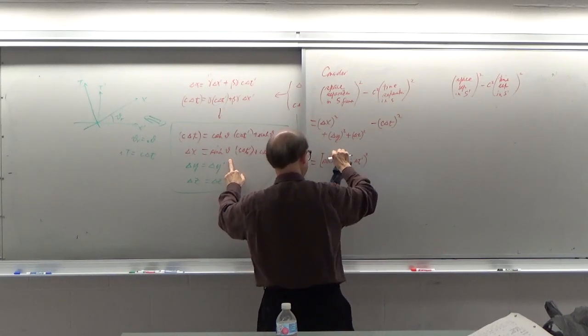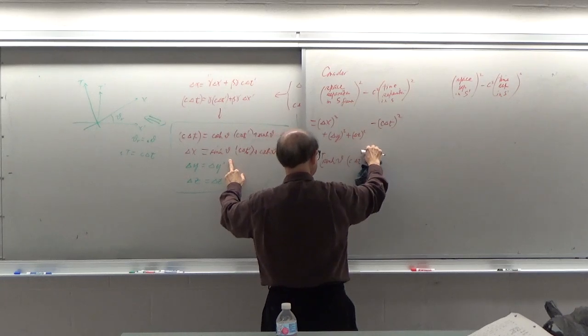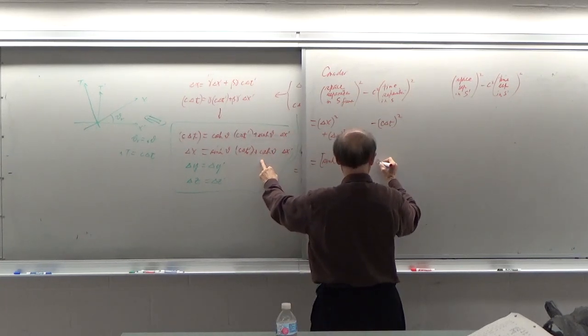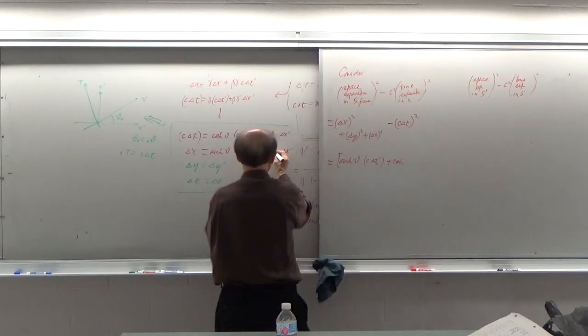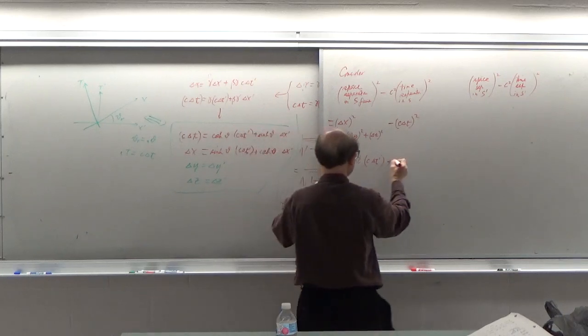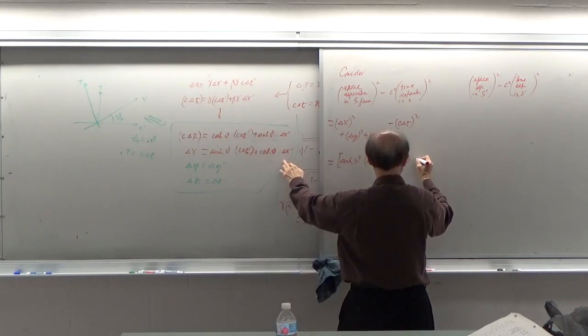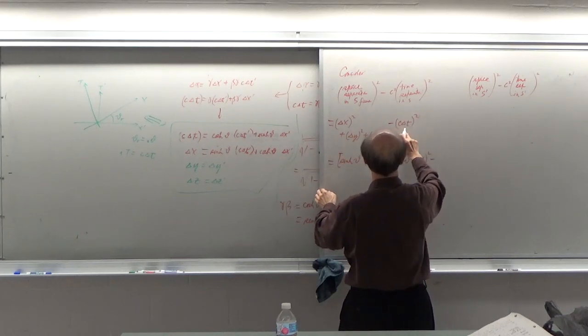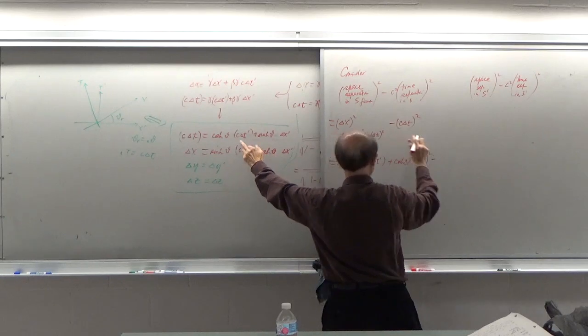That's why I put a bracket here. Plus cos theta delta x prime, squared. Minus c delta t is this one, right?